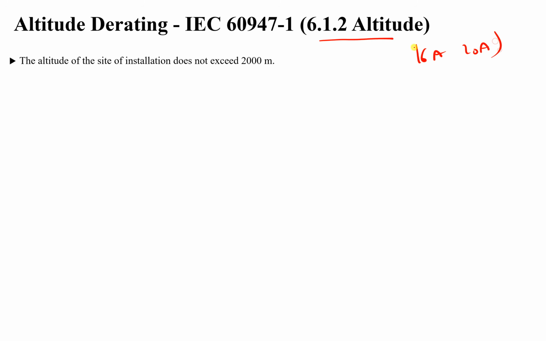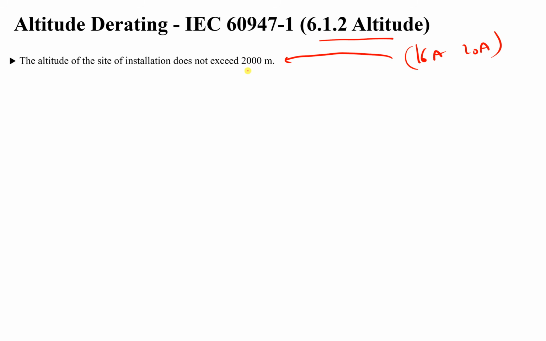The third condition is altitude derating, according to IEC 60947-1, in this part specifically. The altitude of the site of an installation does not exceed 2000 meters, so our values, 16 amperes, 20 amperes, are given at an altitude of less than 2000 meters.